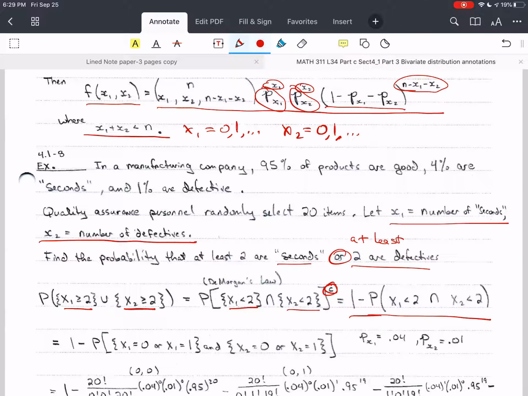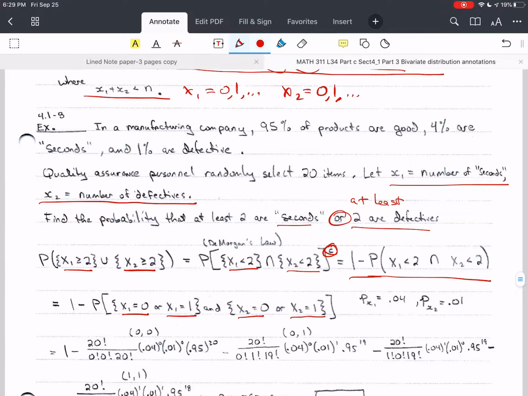So when x1 is less than 2, I have two ways that can happen. This is saying that x1 is 0 or x1 is 1, and x2 is 0 or x2 is 1. So I have 4 ways: 0, 0, 0, 1, 1, 0, and 1, 1. Well, can I do 1, 1?